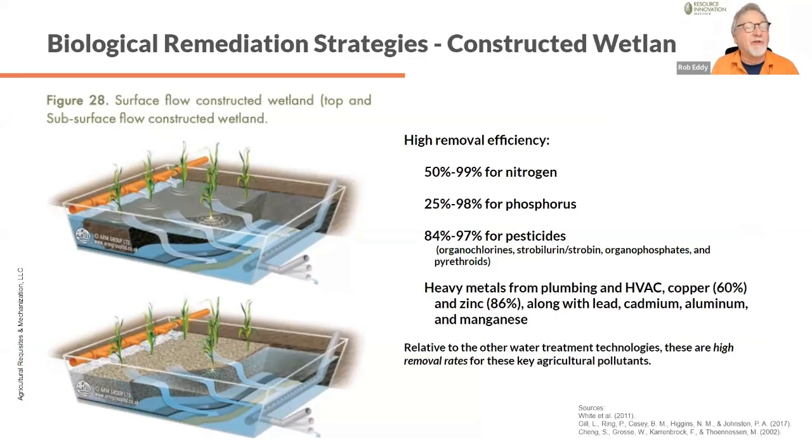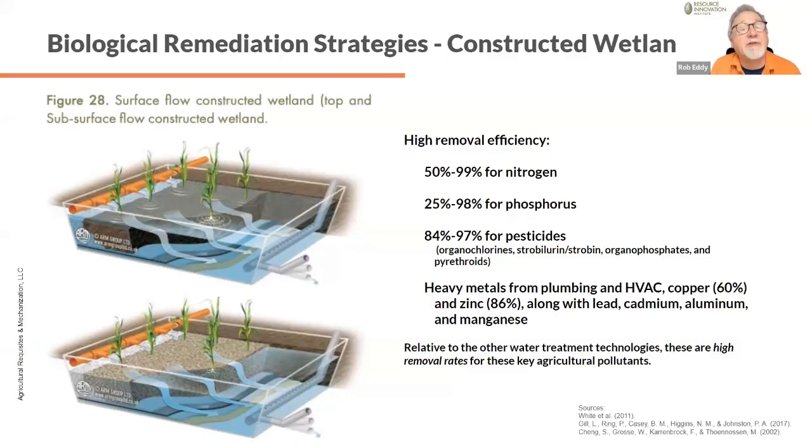Look at these removal efficiencies. Look at what these things can do. They can reduce nitrogen by up to 99%, phosphorus by up to 98%, pesticides 97%, and even the heavy metals that might be accumulated from your HVAC, from the plumbing and such, like copper and zinc, and then even some toxic chemicals like lead and cadmium and aluminum and manganese.